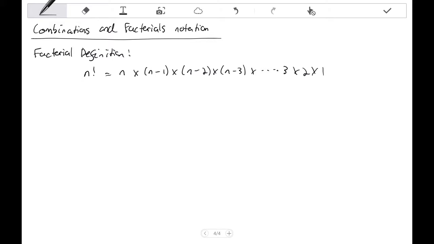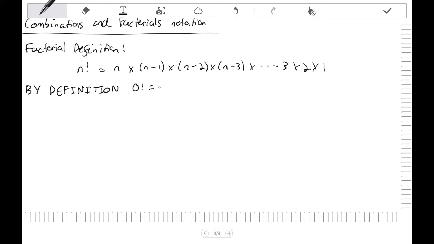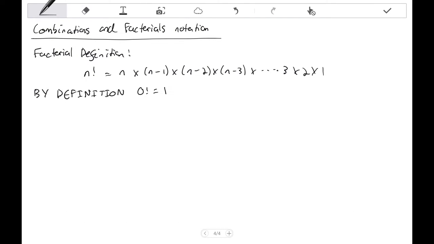So you just keep taking off a number and multiplying it until you get to 1. And we must note, very importantly, that by definition, 0 factorial is equal to 1. There is a way that you can make sense of this, but simply put, it's very important. So that's what a factorial is.